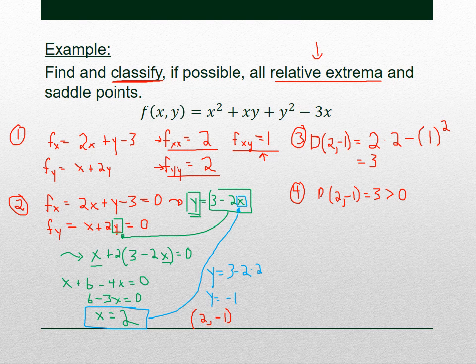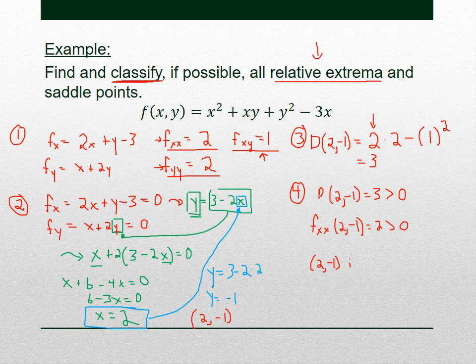Okay, now we go to step 4, and we just need to read off the list. So here, we have D of (2, -1) is 3, which is greater than 0. Then that first and second case, where we talk about max and minimums, is where D is greater than 0. And it says we need to know what is fxx of (2, -1).